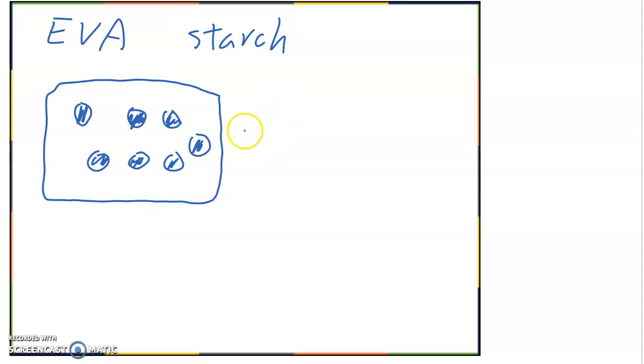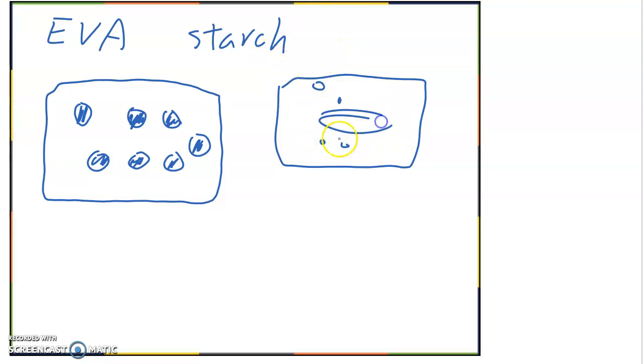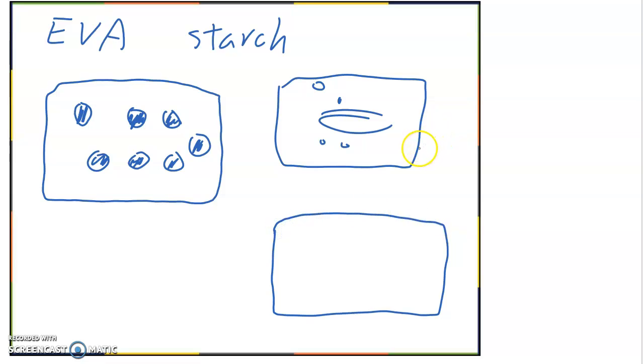Experimentally, this student first melted the plastic. Now it's in molten state or in liquid state. And then he put in the starch powder and started stirring. After he mixed it well, he put it in a certain shape so that he could do the study.